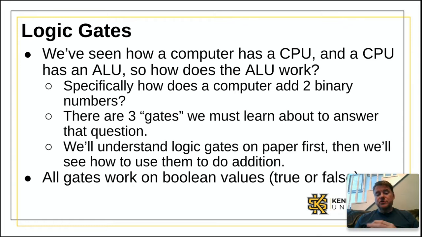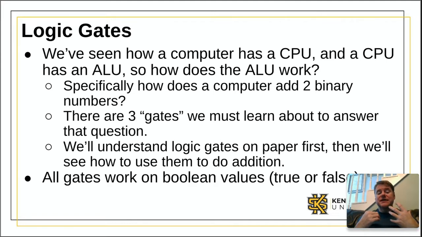The first thing to understand is that all of these gates work on Boolean values. The term Boolean comes from George Boole, who was one of the people who came across this idea of whether or not we have power or no power, or true or false, or 0 or 1. They all mean the same thing.